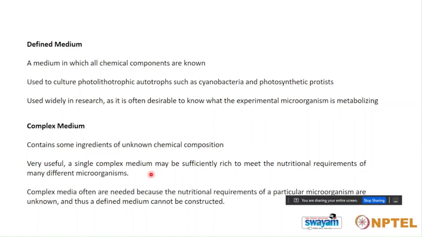In the case of complex medium, if we are unsure about a particular organism, then we'll use complex medium. We also don't know the exact composition of complex medium, and it is also rich in nutritional requirements.